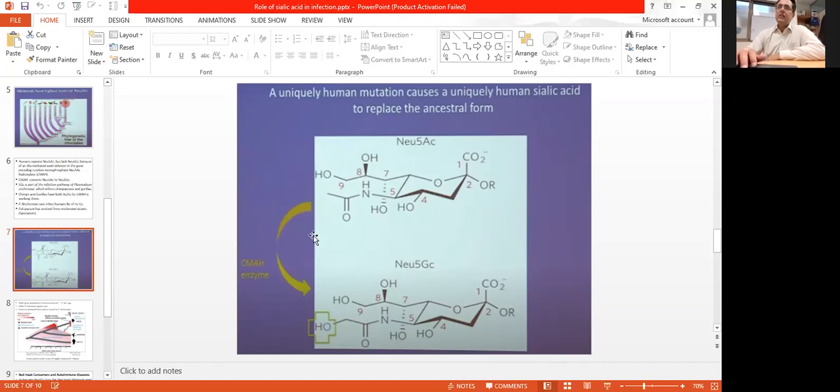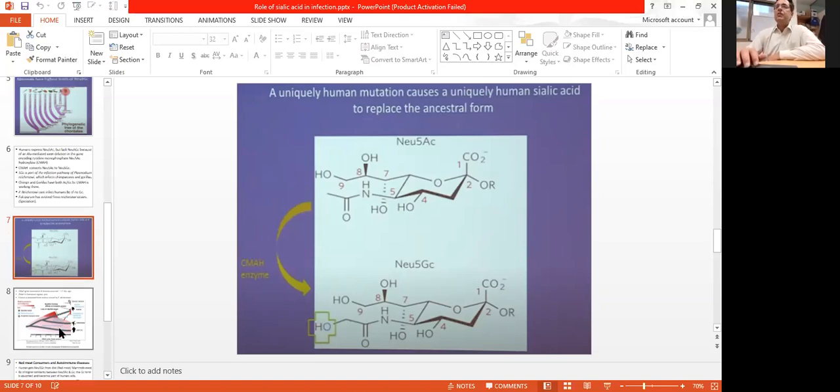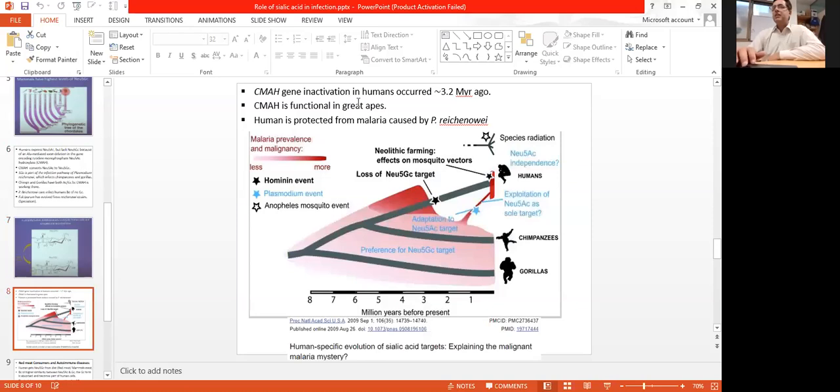T5AC, this addition of extra OH group to this would not happen there because the human CMAH gene has been inactivated, and that happened 3.2 million years ago. So it's not a recent story.